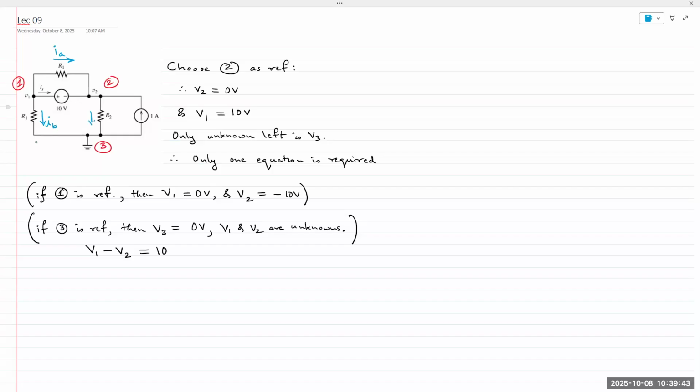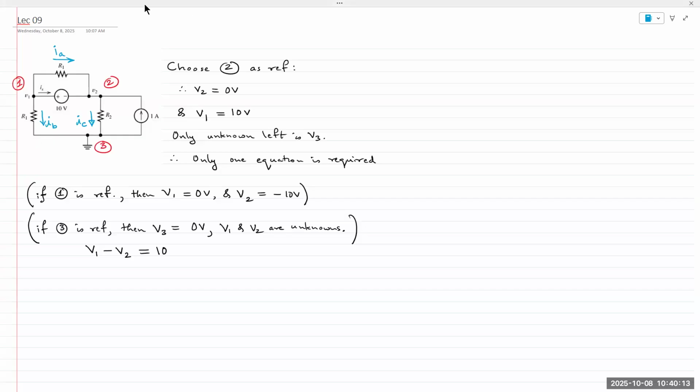Let me choose going down. Here, I can try and apply logic, but there's no clear indication which direction the current will flow. So I'm just making an assumption. The logic does not lean one way or the other. So I'm just assuming it going down. That's all. Now that I have all three branch currents, I'm going to apply KCL.